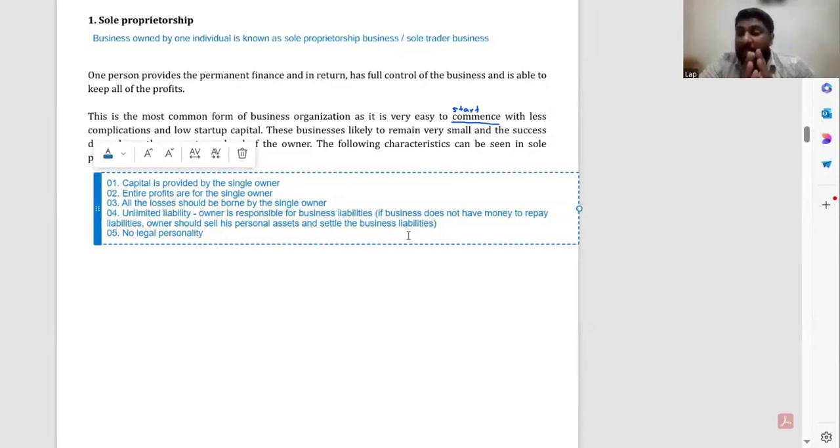In the legal world, a sole trader business and its owner are not two different things. It is the same. In the accounting world, the owner and the sole trader business are two different things. In the legal world, it is the same thing.